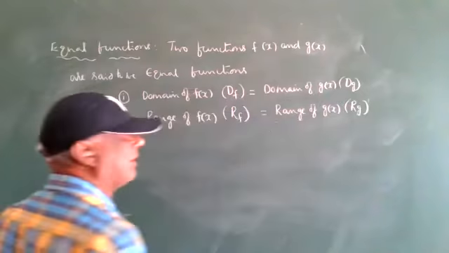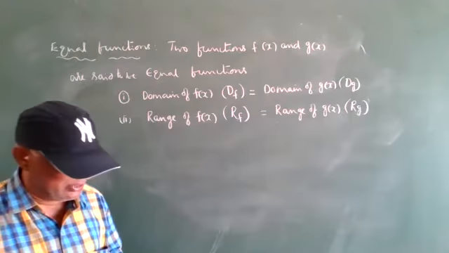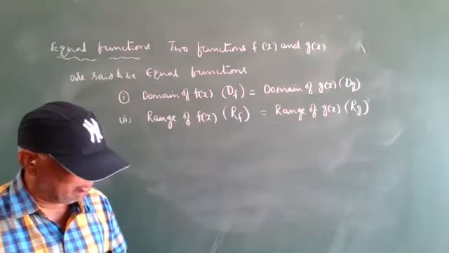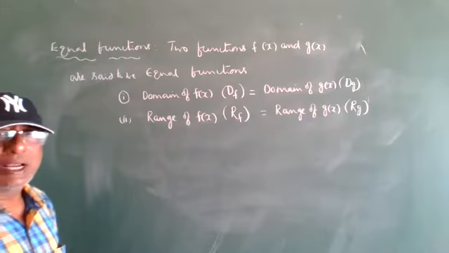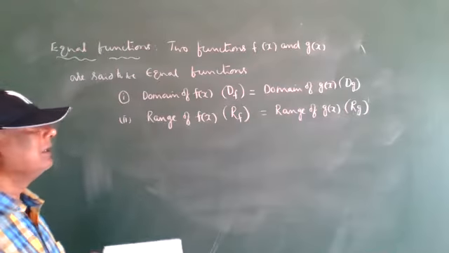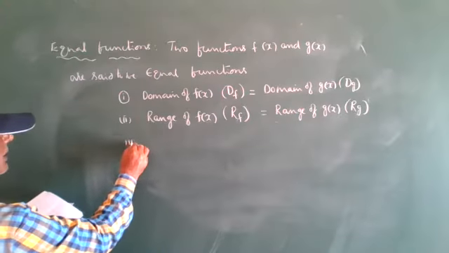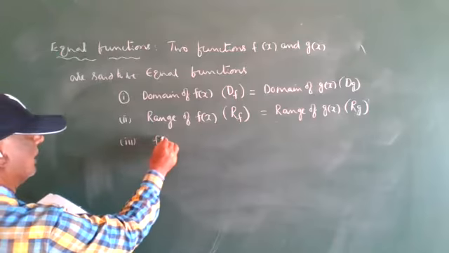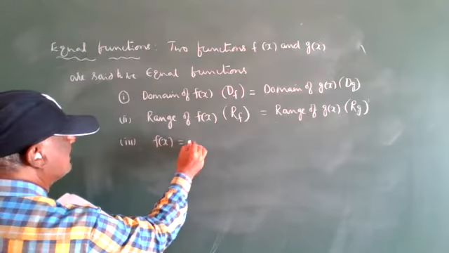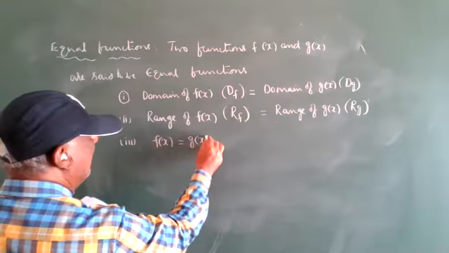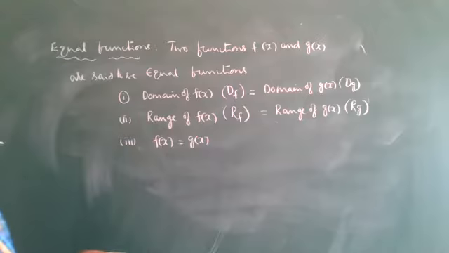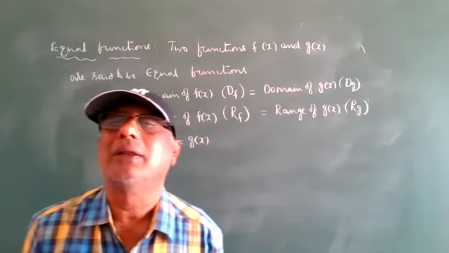Both ranges are equal. Then the third point: codomains are also equal for f of x equal to g of x.